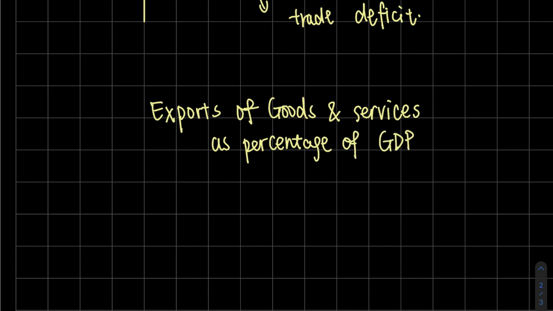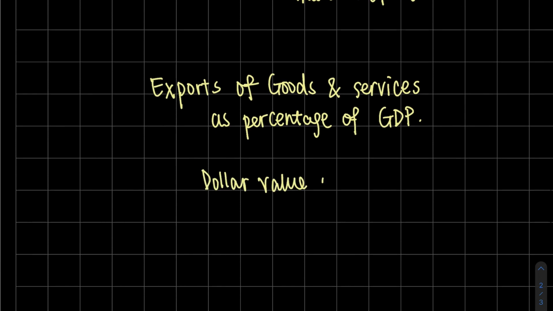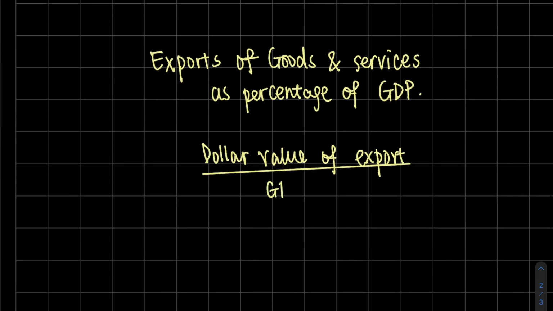So this tells us how to calculate this value. We just use the dollar value of exports divided by GDP.